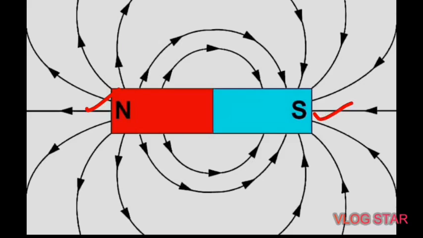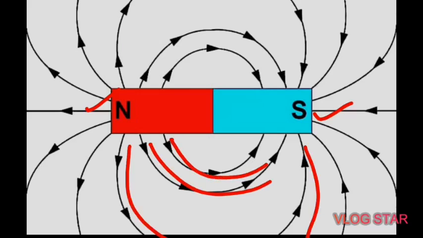The region around this magnet in which the effect of magnetism is experienced is called the magnetic field. This is nothing but the region around that magnet where the magnetic field is experienced.